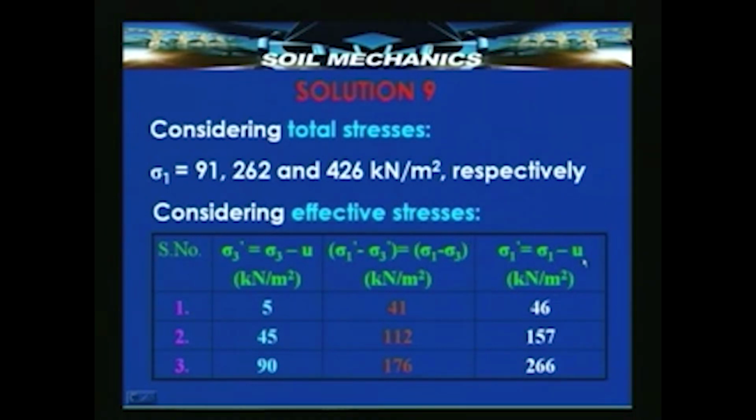Since the pore pressure u gets deducted from sigma 1 as well as sigma 3, the difference between sigma 1 and sigma 3 and sigma 1 dash and sigma 3 dash will both be the same. So, the deviatoric stress, either in total stress or in effective stress, is identical.